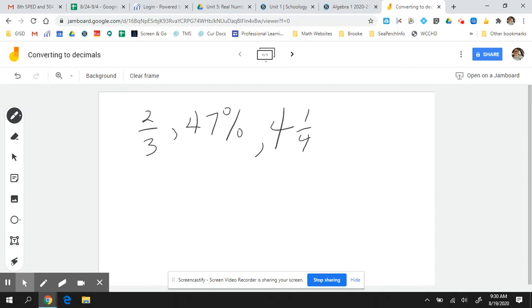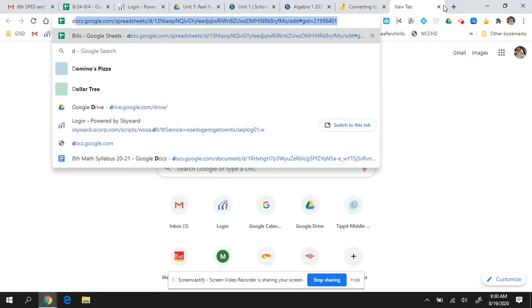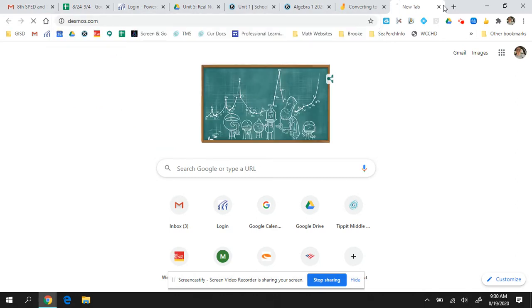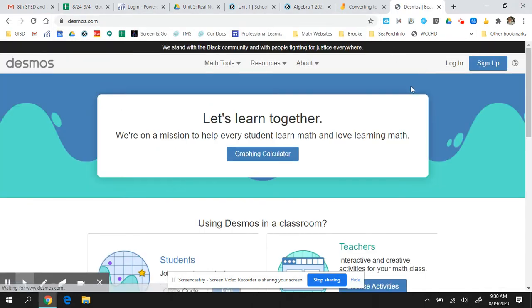If you have a calculator and you go into Desmos, you can type it in and do it. Let me show you. I go to desmos.com and open a graphing calculator.